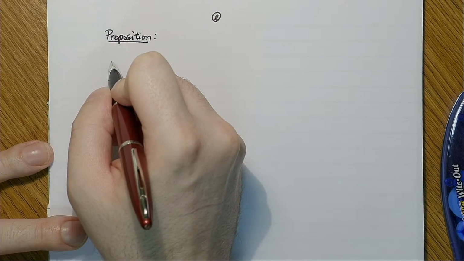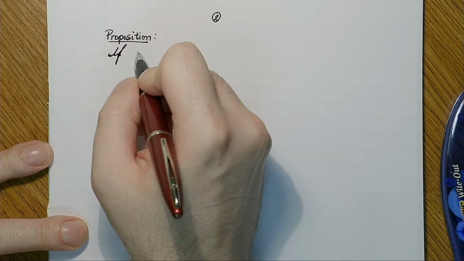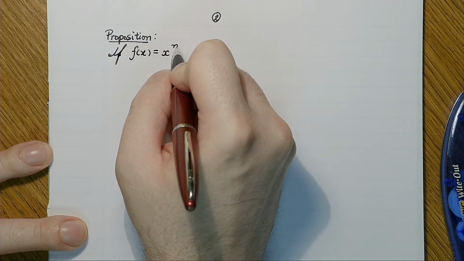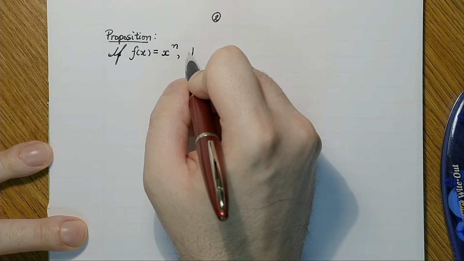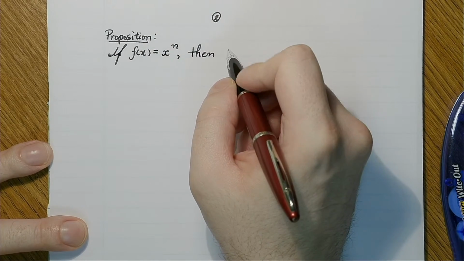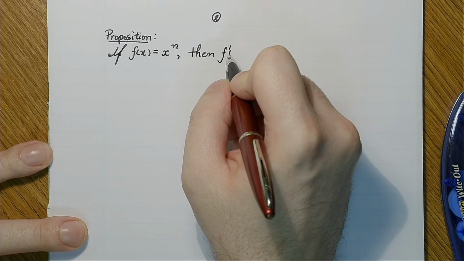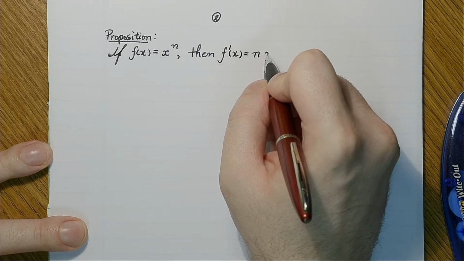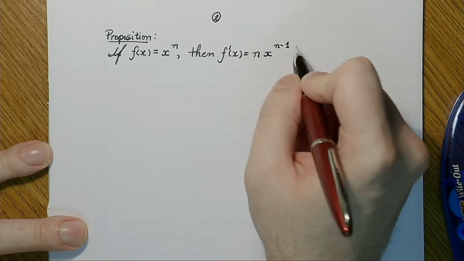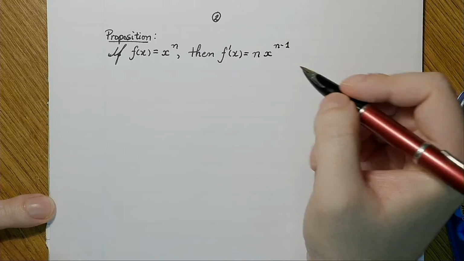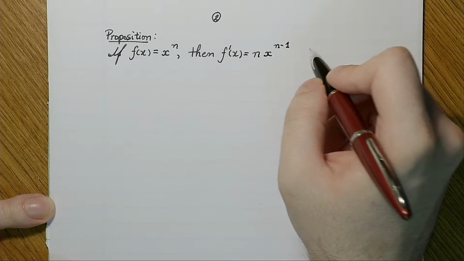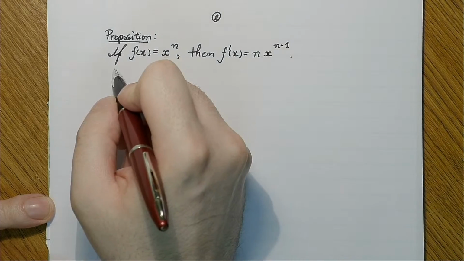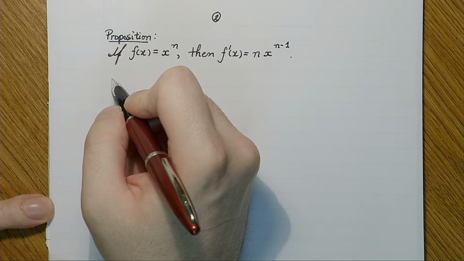Let's put it here, yes. So if we have some function f of x equals x to the n, then the derivative is n times x to the n minus 1. We can also express this using Leibniz notation.